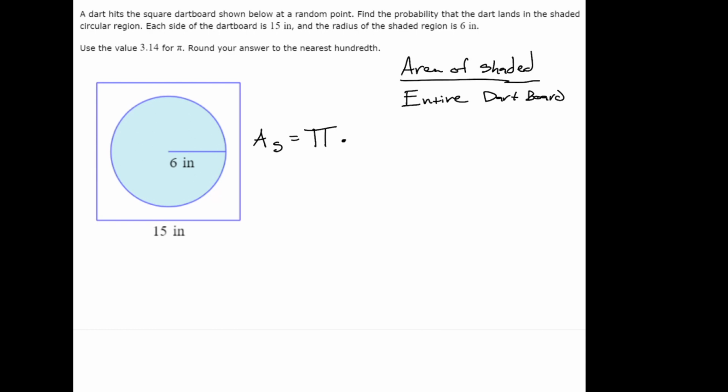Pi times radius squared. The way that I think about this is 3.14. It's asking us again to use 3.14 for pi, so that's why I'm doing that. 3.14 times 36. And that's 36 is just coming from me squaring the 6. If I type this into a calculator, I will get 113.04.